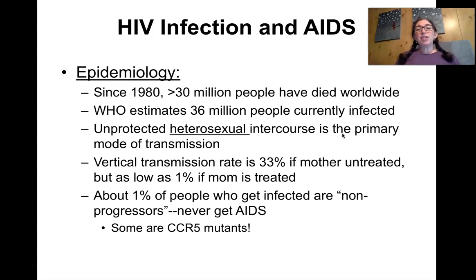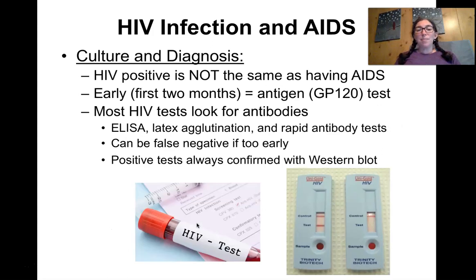But we have really good drugs now. Only about 1% of people, there are a lucky 1% of people who get infected but never actually progress to AIDS. And a lot of those are the CCR5 mutants, people who have that mutation, so the virus just doesn't infect them very well. They have some natural immunity, all right?